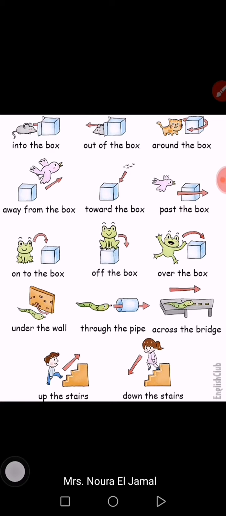Into the box, out of the box, around the box, away from the box, toward the box, past the box, onto the box, over the box, under the wall, through the pipe, across the bridge, up the stairs, down the stairs.